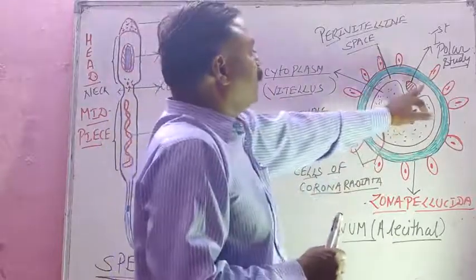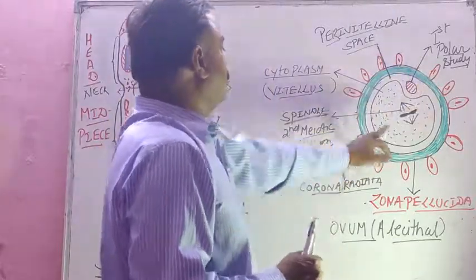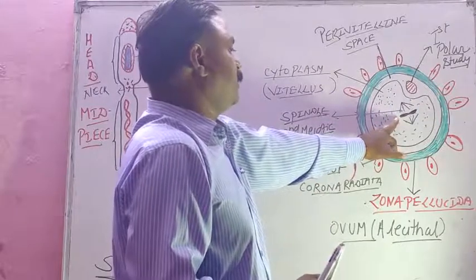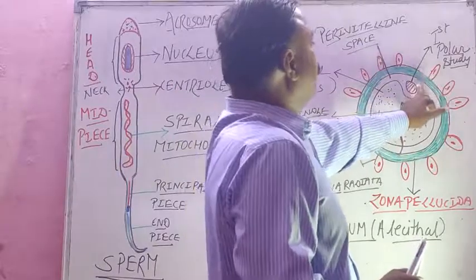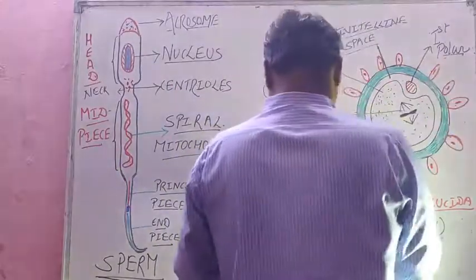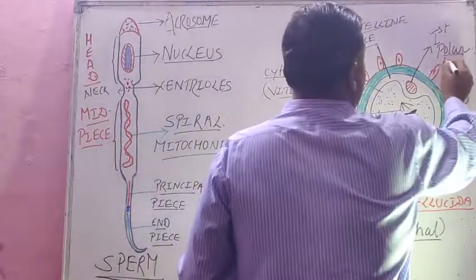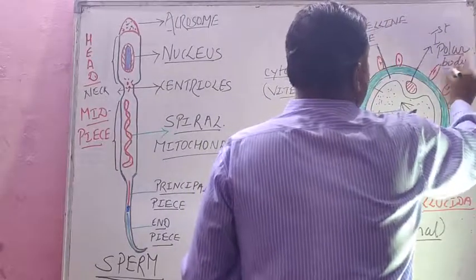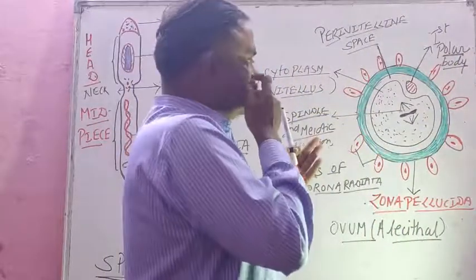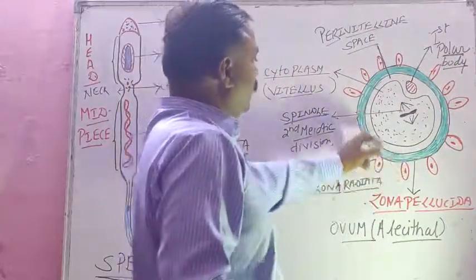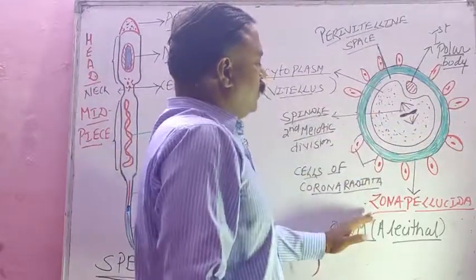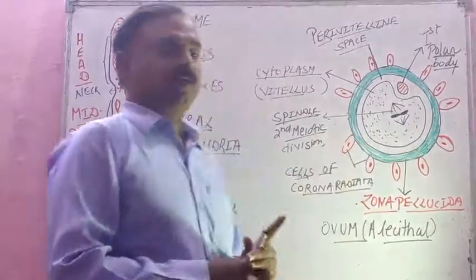Then this is the first polar body, and this is the spindle seen during second meiotic division. We will study this first polar body during oogenesis. And last but not least, this transparent layer is called the zona pellucida layer.